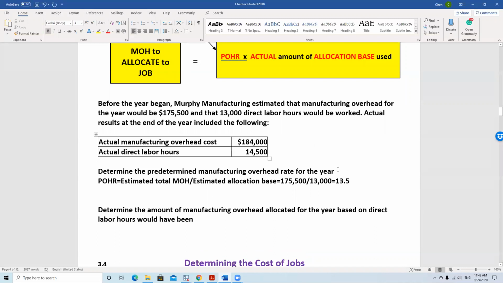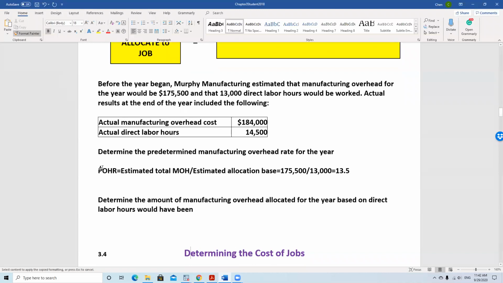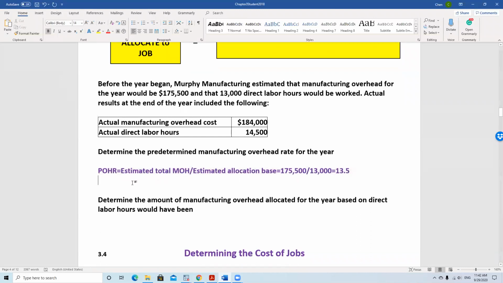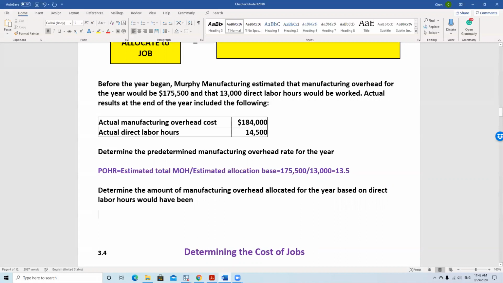So what does that mean? That means for every direct labor hour, you're going to have $13.5 of MOH, manufacturing overhead.